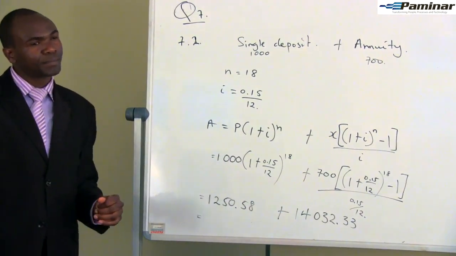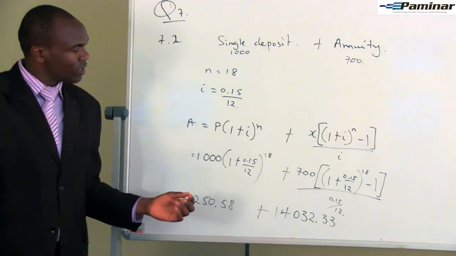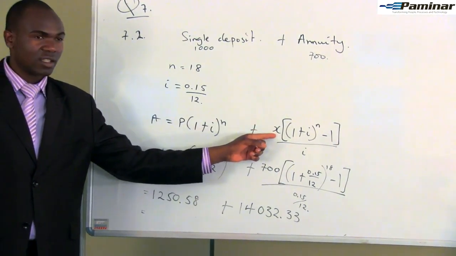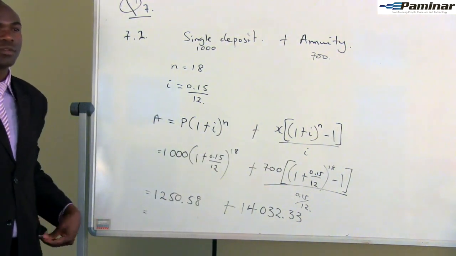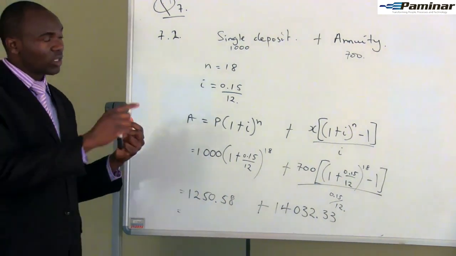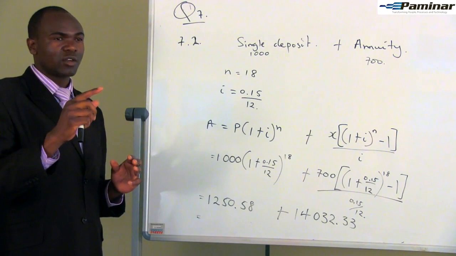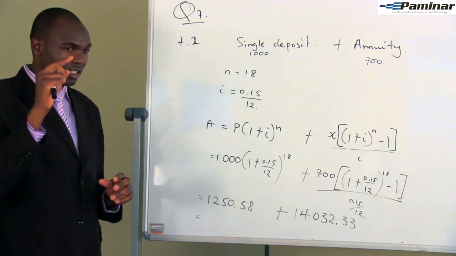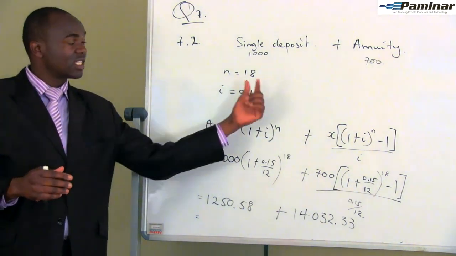Any question? I have a question. I wanted to find out, on the formula for X, do you have to put 12 on the I? Yes, you put 12. On every I, when you are told that interest is compounded more or less than once a year, wherever there's I, you divide by M, the number of times interest is compounded, in this instance 12.